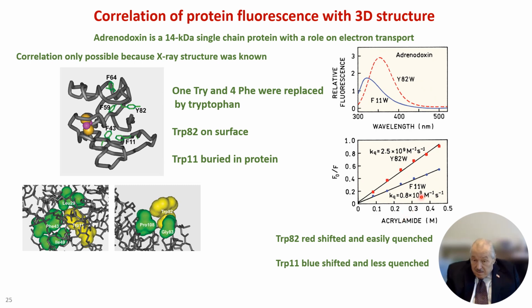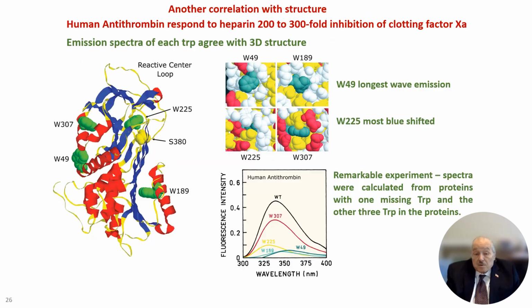That is, the W82 was quenched more than the W11. But even though they're exposed and they're buried, this sort of agrees with what I said previously, that the proteins seem to be permeable to some extent to small molecule quenchers.